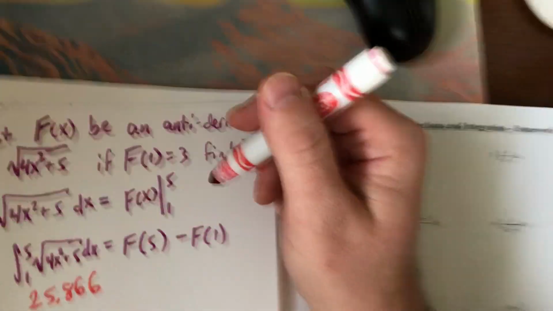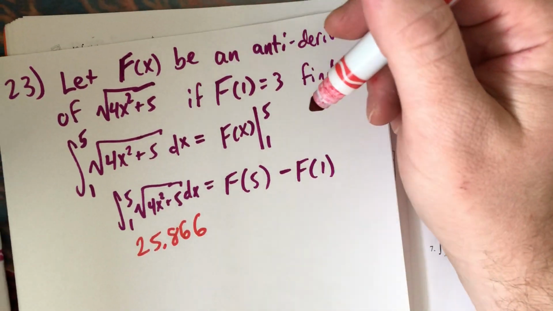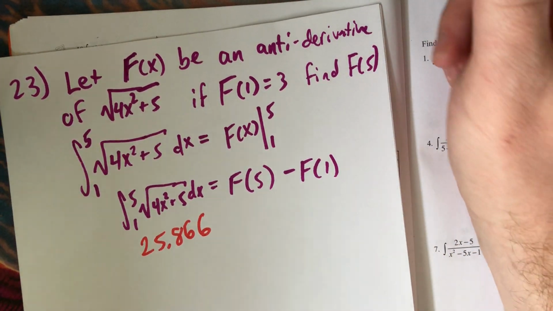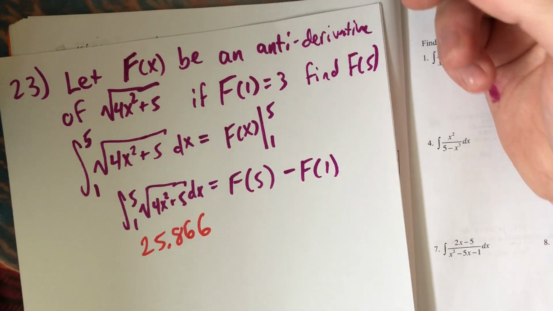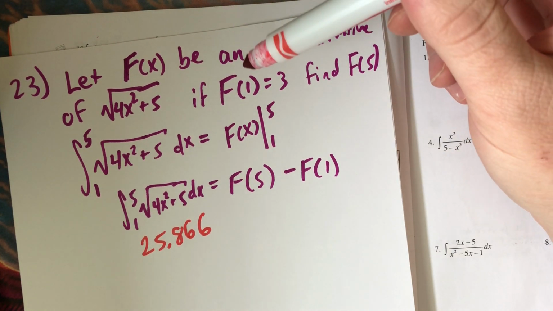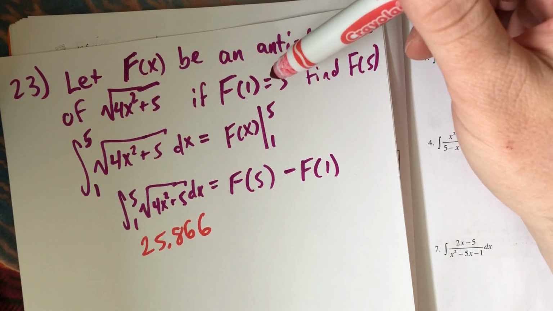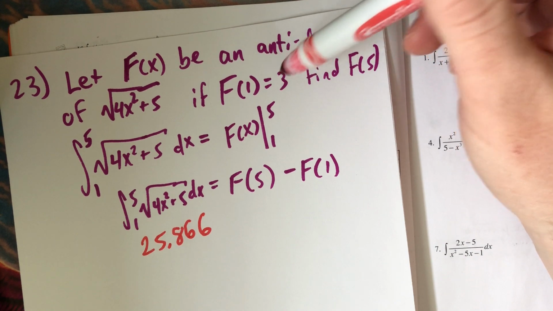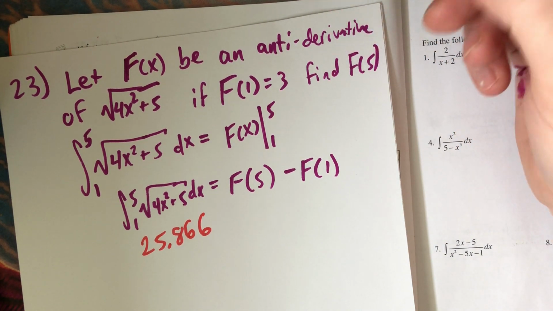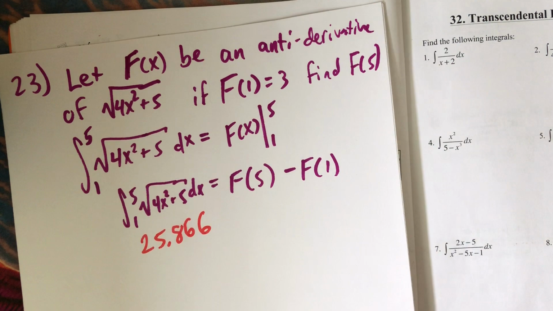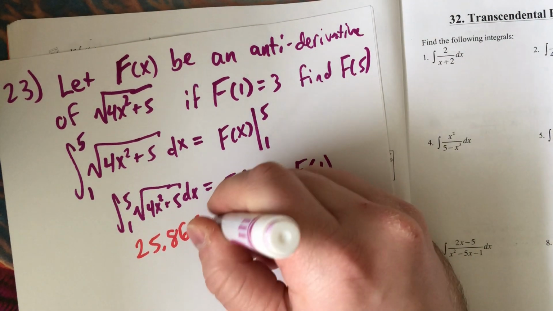And you might be like, well, great, we found that, but so what? So the trick to these is, if I know something about its antiderivative, F of 1 is 3, and I want to find F of 5, well, hey, you said F of 1 is 3?